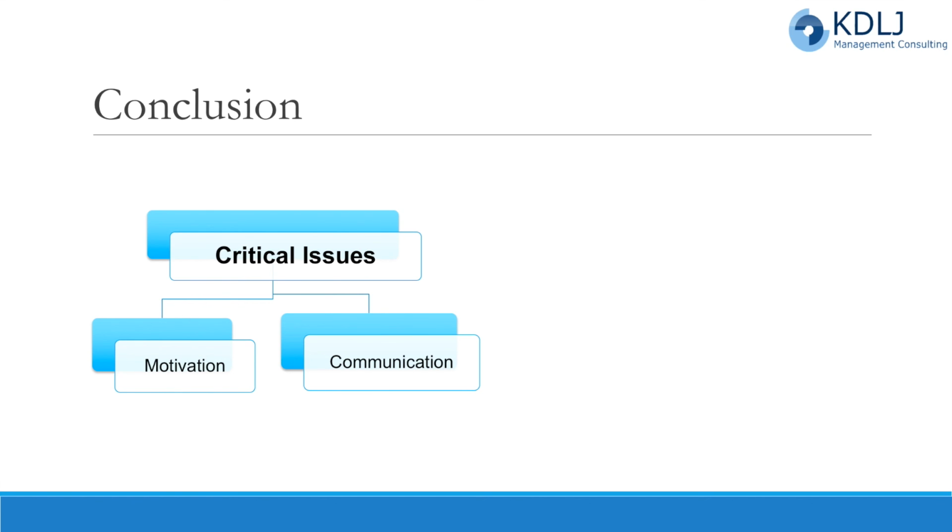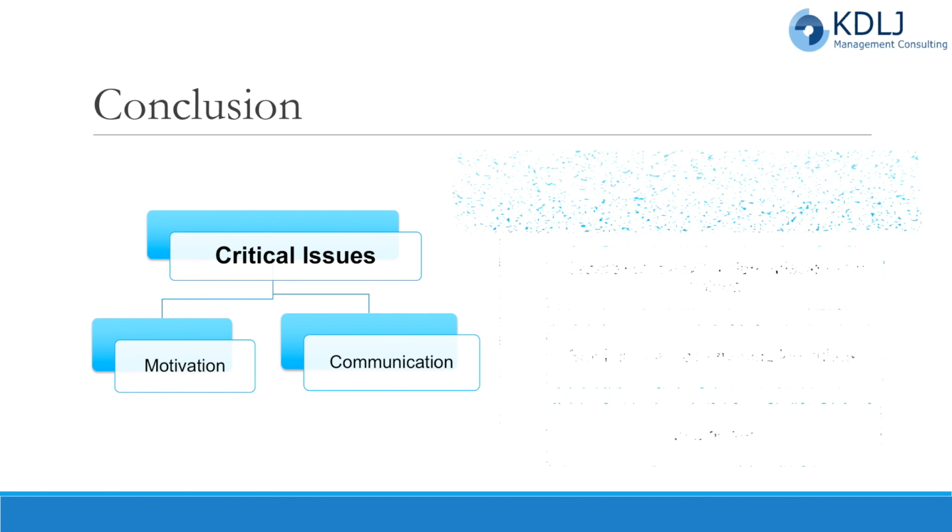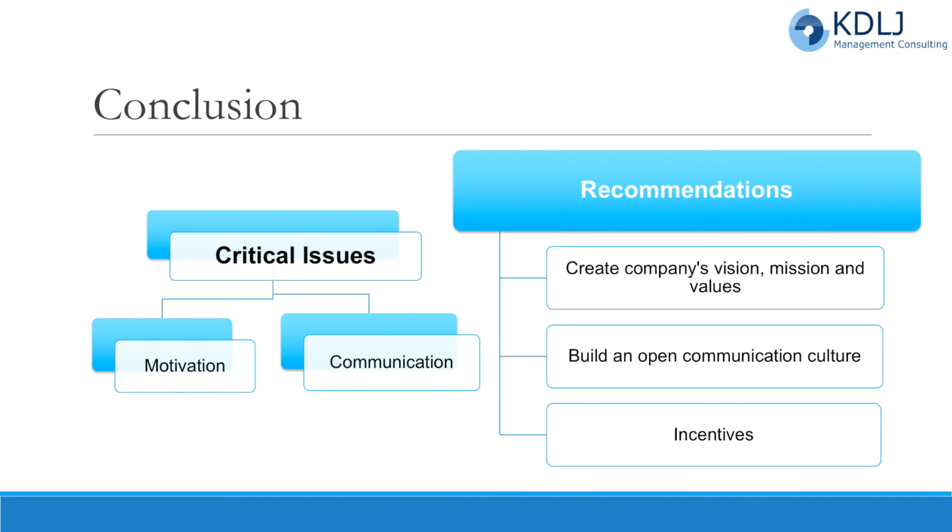Communication issues, on the other hand, are driven by unclear reporting structure, employees' resistance to change, and the silo effect. To address these issues, we have proposed 3 recommendations for Hasbro. Firstly, to create Hasbro Interactive's company vision, mission, and values, build a culture of open communication, and lastly, provide incentives to employees to increase motivation and work morale.